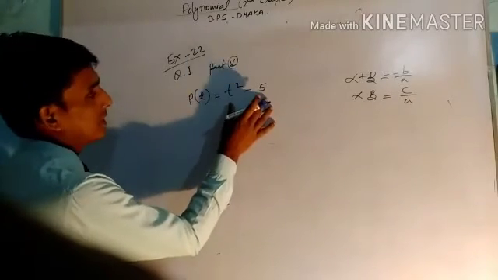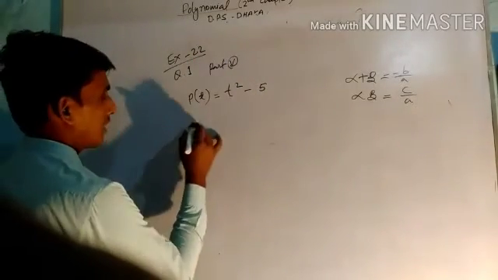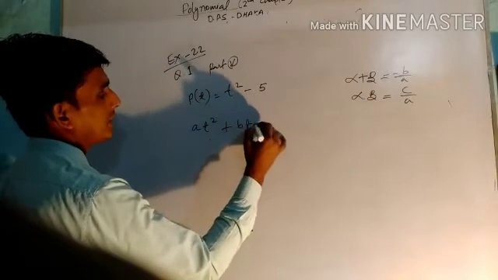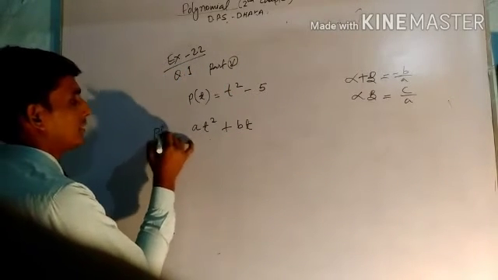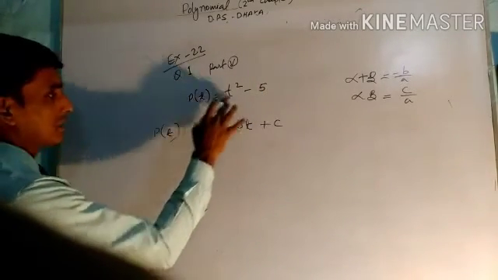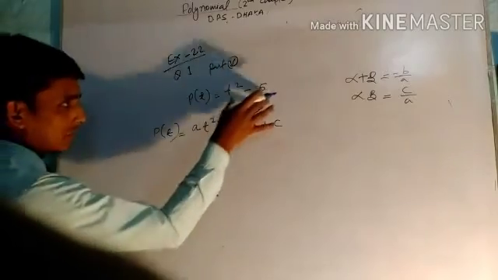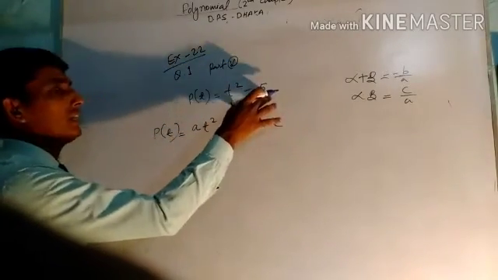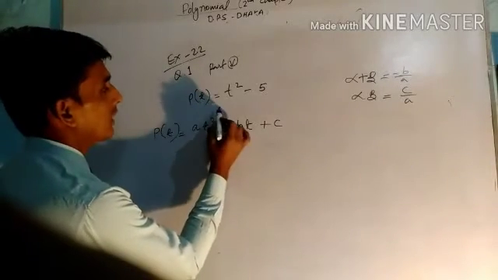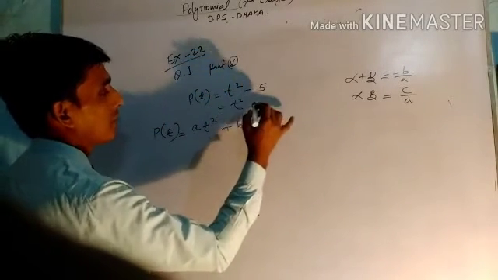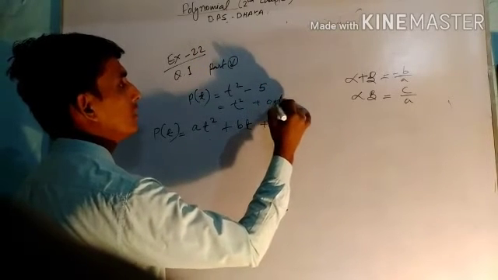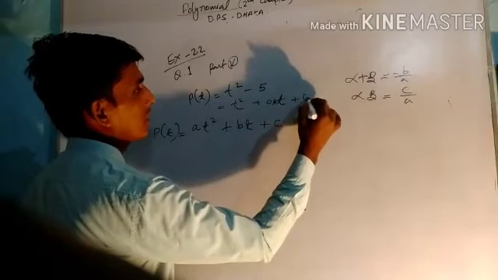So here if you compare this with the quadratic polynomial, the standard quadratic polynomial will be a t square plus b t plus c. So if you compare this with this given quadratic polynomial, this is also a quadratic polynomial, but the middle term is missing. You can write it like this: t square plus 0 into t plus minus 5.